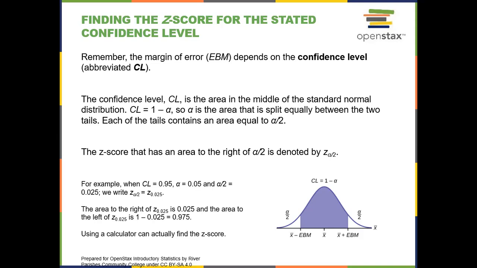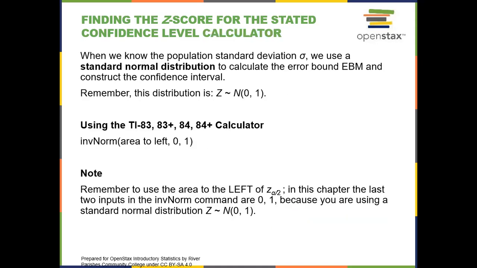Now we know the area to the left of X bar plus EBM, which is 0.975. What is the mean for a standard normal curve? Mean is 0. What is the standard deviation? 1. I go to Paste, hit enter and enter. So that critical value is 1.96, which is z alpha by 2.